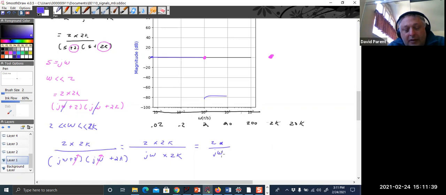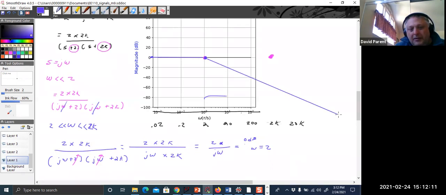So this is a downward sloping function, minus 20 dB per decade, and it equals 0 dB when omega equals 2. Well, we're already right there. And so now I just have to draw that a decade down 20, decade down 20. And now this is more of an estimate.